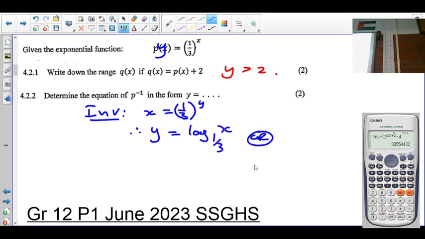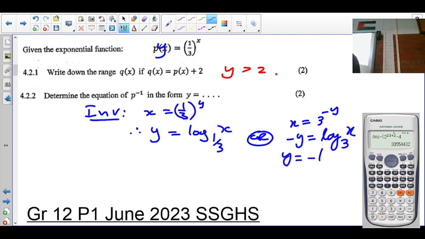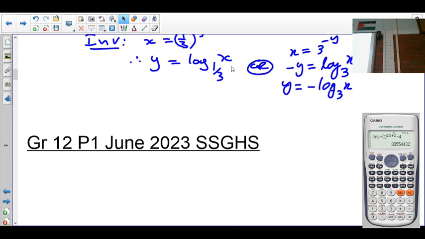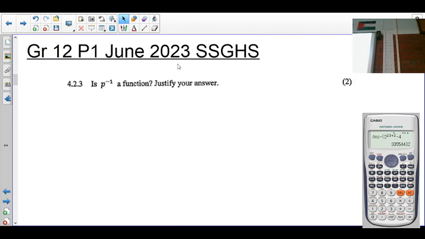Or if I had made that as x is equal to 3 to the minus y, negative y is equal to log x base 3, so y is negative log x base 3. People, both are acceptable, and it's important that you know both ways as well. Because sometimes they ask you with regards to transformation geometry that comes into play. And you always get caught out here because they don't know that those two are equivalent.